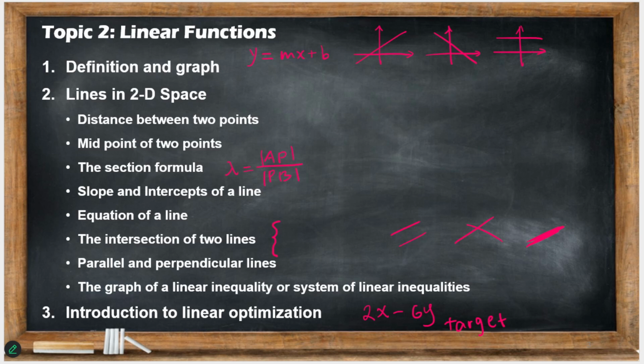So usually first we find that region, and then calculate the coordinates of these vertices and compare which vertex can make the target function the optimized one, right? Okay, that's pretty much about it, and I'll see you next time.